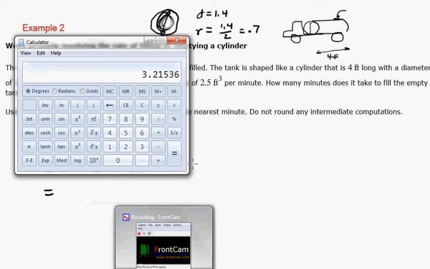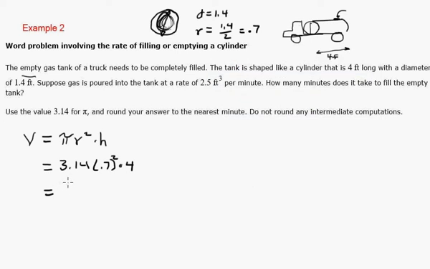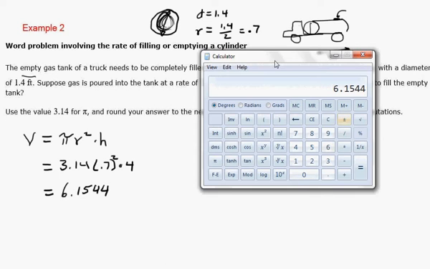It should be a little less. Let's see. 3.14 times 0.7 times 0.7 times 4 equals 6.1544. Notice that I put all those numbers in.